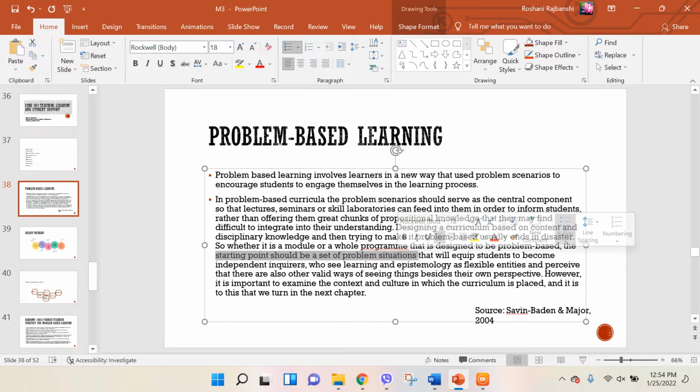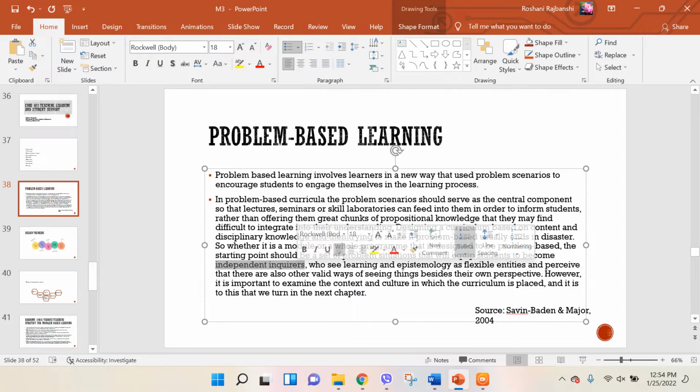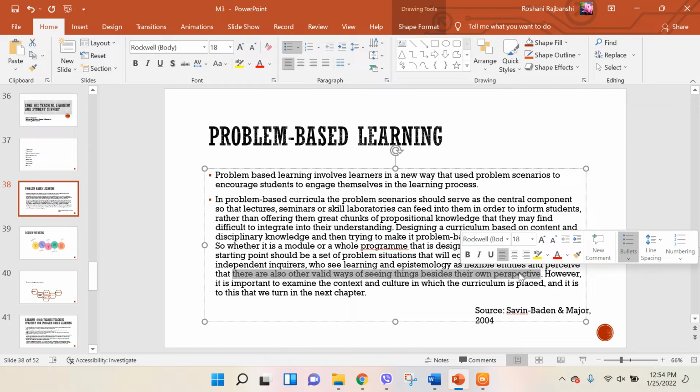So it is very important that the students become independent inquirers, and that they see other valid ways of seeing things besides their own perspective. When the students are involved in problem-based learning, they see others' perspectives as equally important as their own.